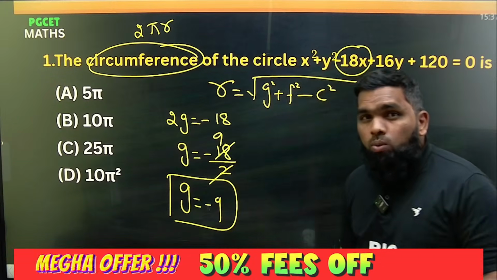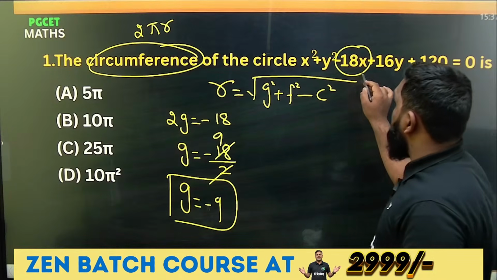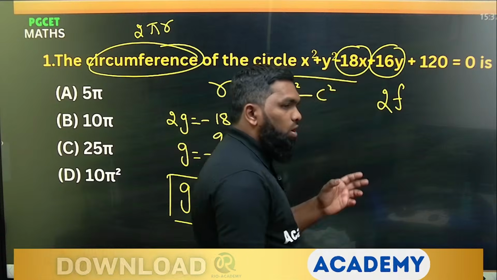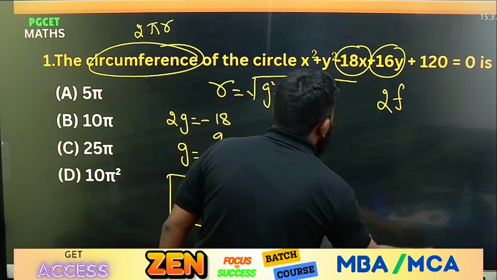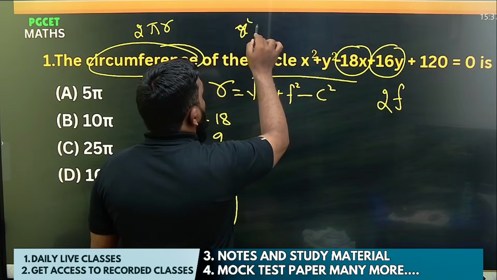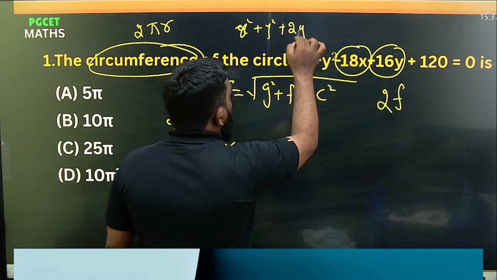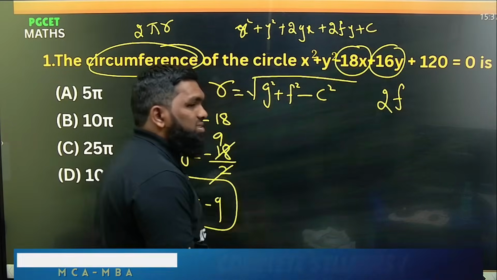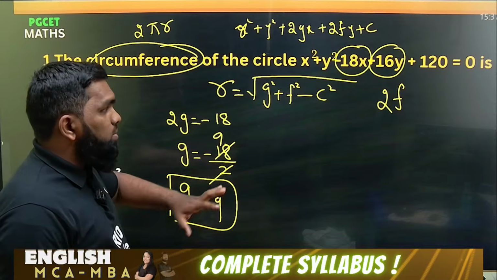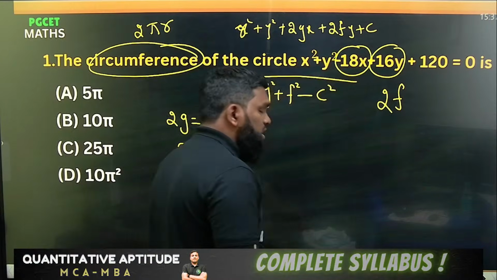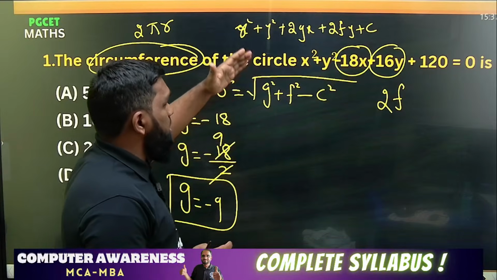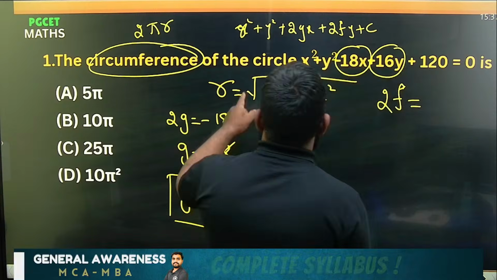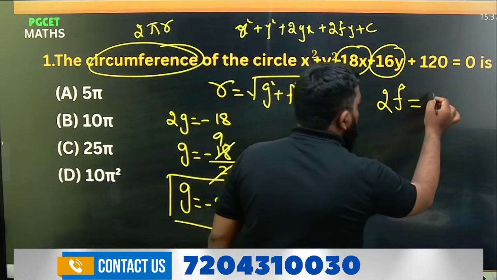We need to find f. 2f is the coefficient of y. We have the standard equation of the circle, x square plus y square plus 2gx plus 2fy plus c.